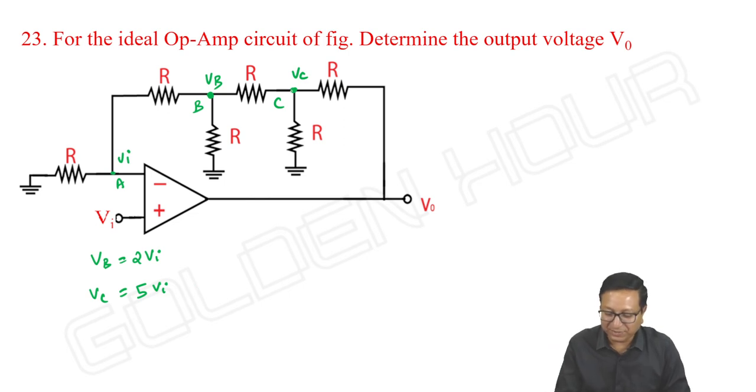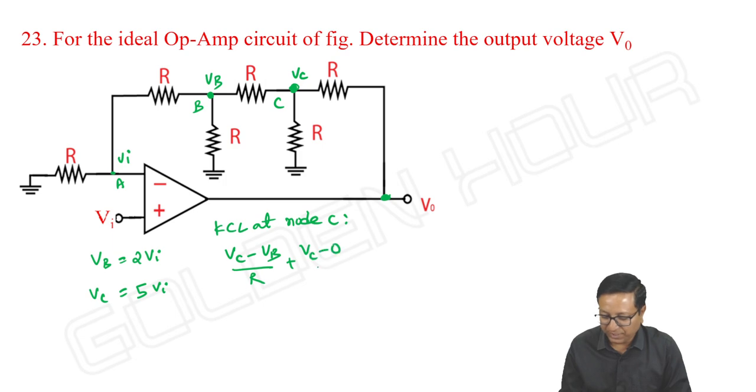Okay. Next, if I take this node equation, then automatically this voltage is known, this is known. If I take this node equation, I can find this unknown voltage. That's it. So KCL at node C. Vc minus Vb by R plus Vc minus 0 by R plus Vc minus V output by R is equal to 0.